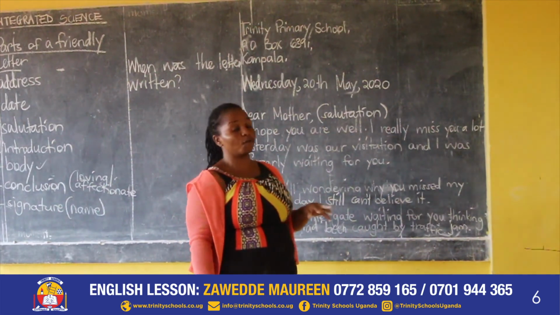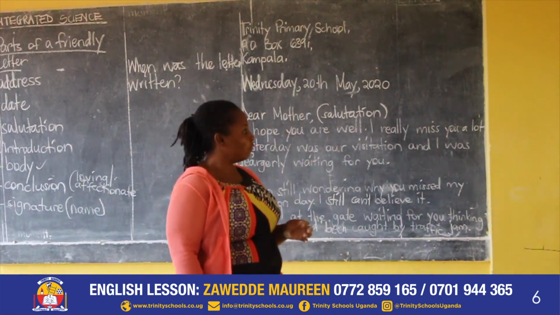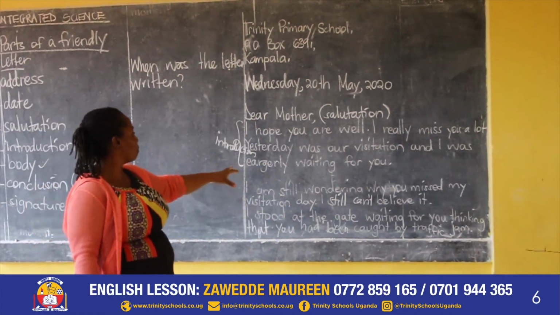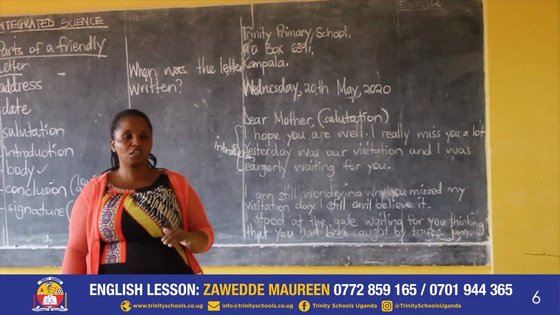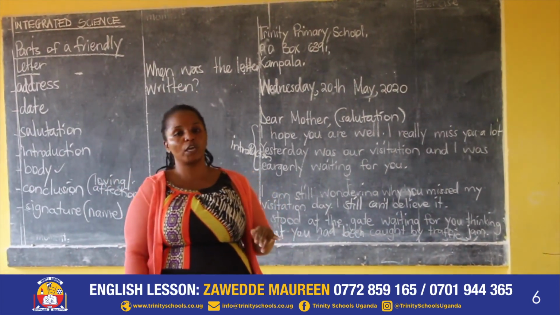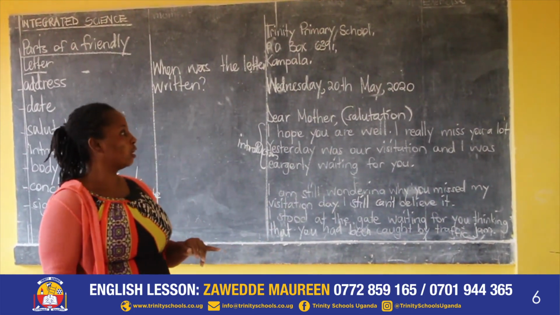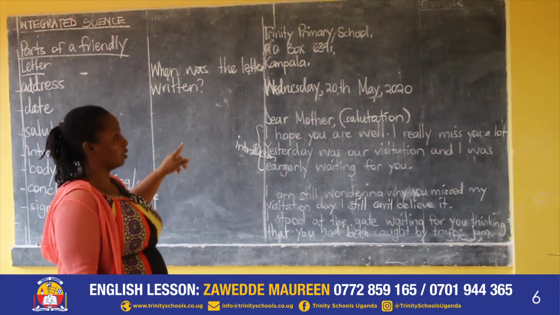So those are the commonest questions about the letter. Very simple, and the other questions come from the body. If you have read the letter very well, you can't fail to answer the questions from the body clearly. So children, that is all about the letter.